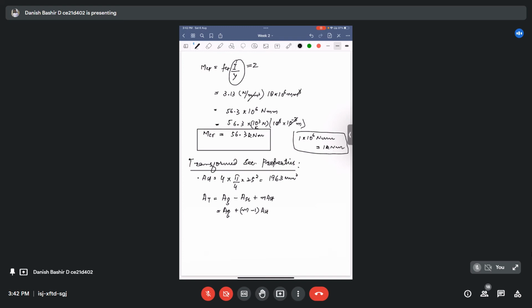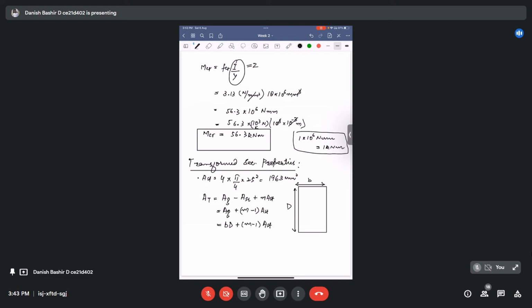Let me make the figure here also. This is the B for this, and this is the D for this. For the transformed area, AT will be B times D plus m minus 1 AST.